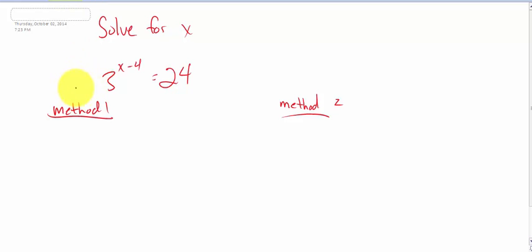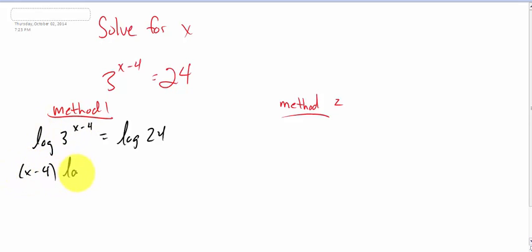So I'm going to start by taking log of both sides. Common log, base 10, of 3 to the x minus 4 equals the log of 24. And so the exponent can come down in front: x minus 4 times log 3 equals log 24. Now I can divide both sides by log 3.